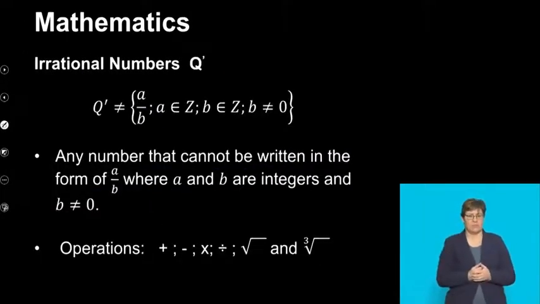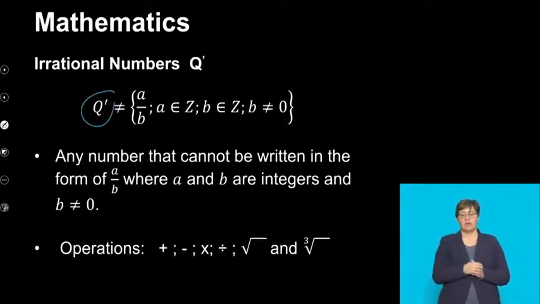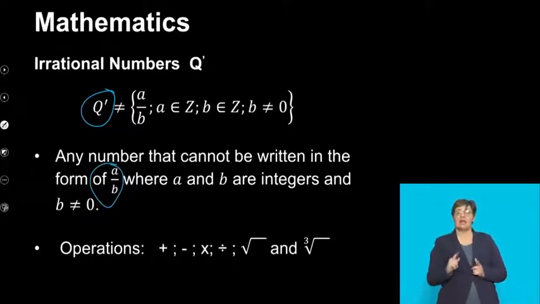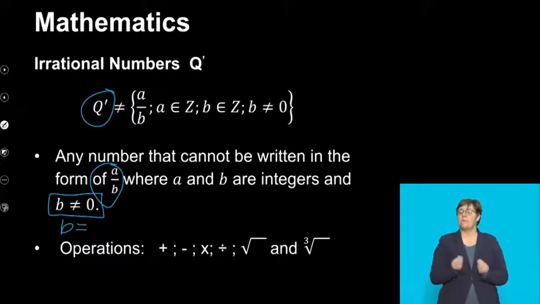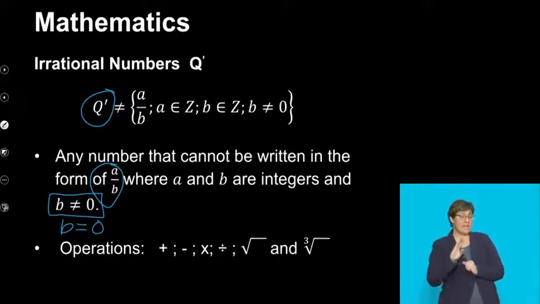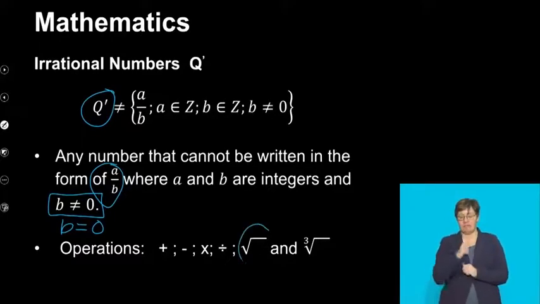For irrational numbers, we normally use Q with an apostrophe at the top. This will be any number that cannot be written in the form of a over b, where a and b are integers and b is not equal to 0. Remember, I said you must still pack what happens when b is 0. We found that it's a math error and we said we're going to investigate why that is the case. So you need to pack that until we get there.